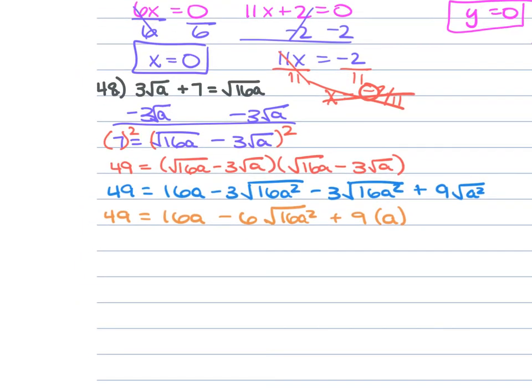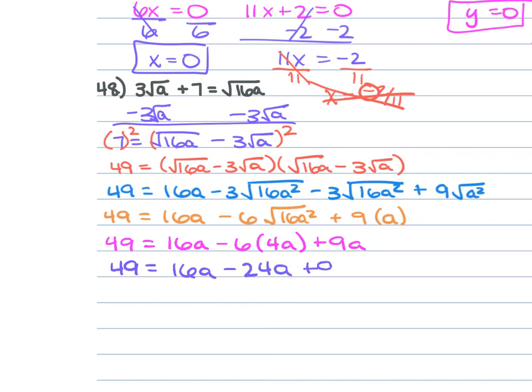Simplify this even further. 49 is equal to 16a minus 6 times 4a plus 9a. Again, further simplify this. 16a minus 24a plus 9a is equal to 49.